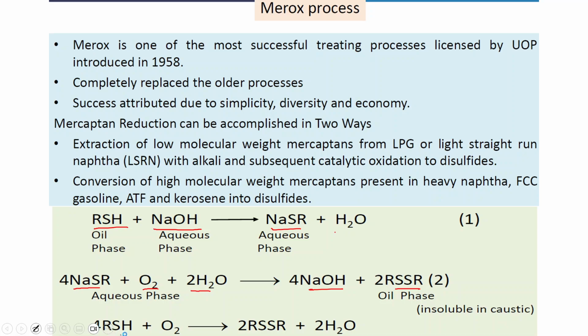And this mercaptan on further oxidation gives disulfide and water. So this first reaction is basically for lower molecular weight mercaptans, and these two reactions are for higher molecular weight mercaptans.